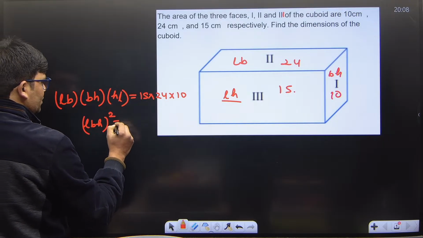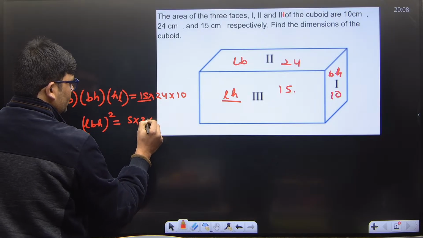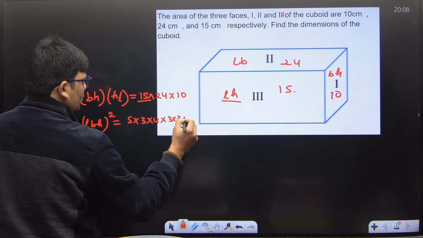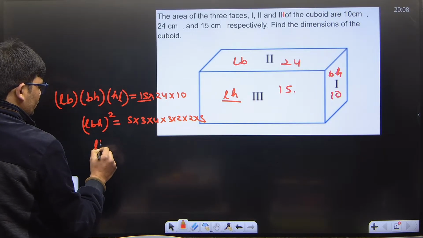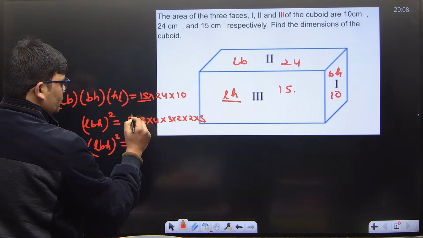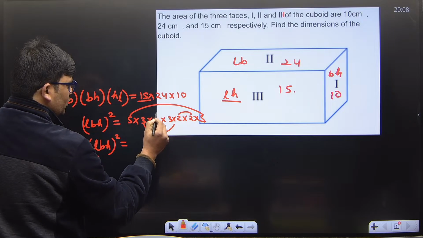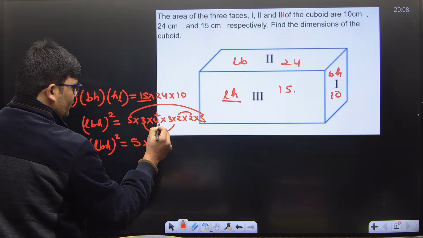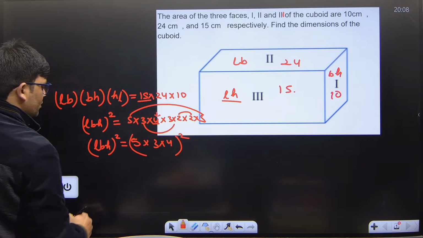Whole square is equal to 15 can be written as 5 times 3, 24 can be written as 4 times 3 times 2, and 10 can be written as 2 times 5. So LBH whole square is equal to 5 times 3, times 4 whole square.